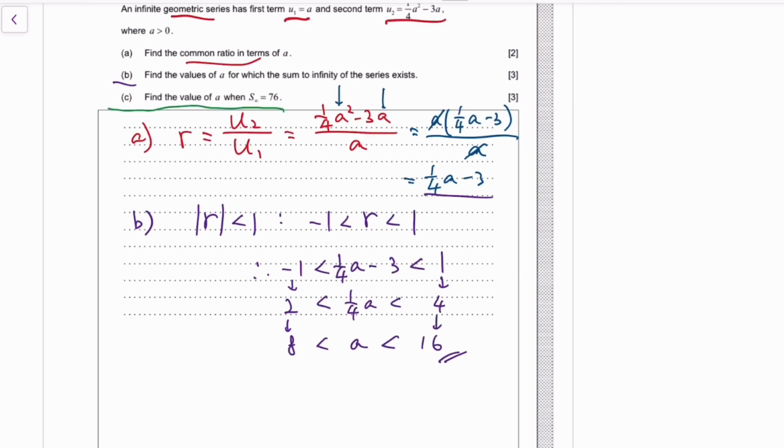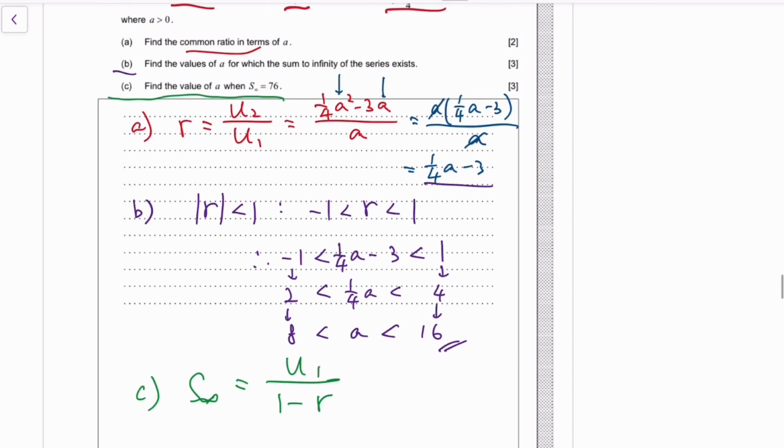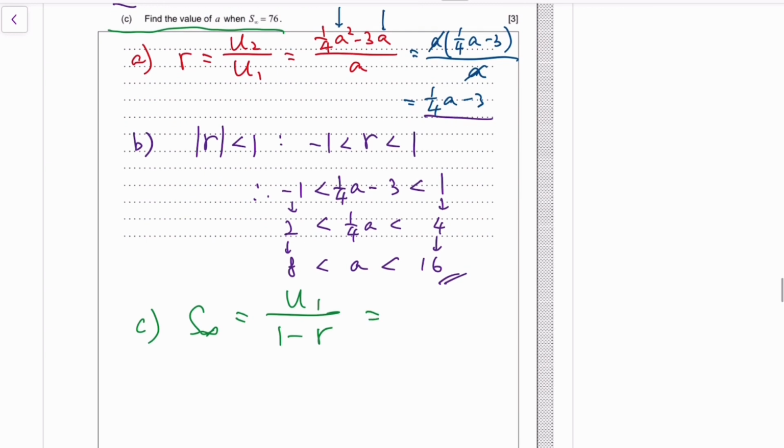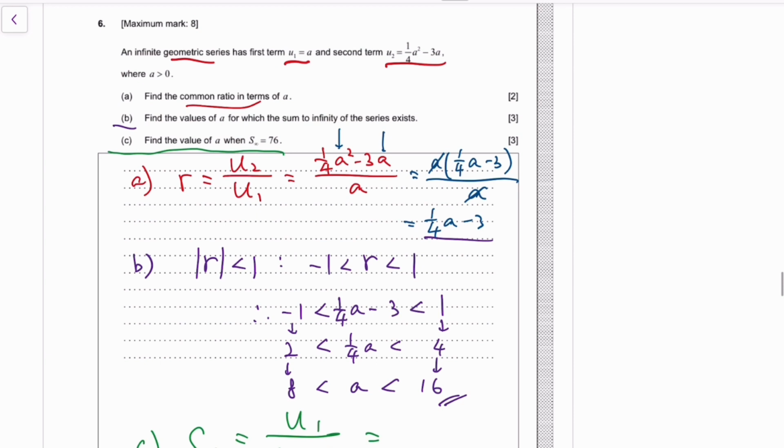Lastly, find a when the sum to infinity is 76, so that should be obvious. Sum to infinity, there's a formula, u1 over 1 minus r. Now check your formula booklet, it should be 1 minus r. If your booklet says r minus 1, then you got the wrong version. IB at the beginning released a wrong version of the formula booklet. u1 is a.